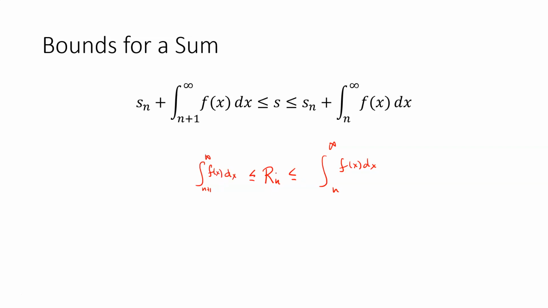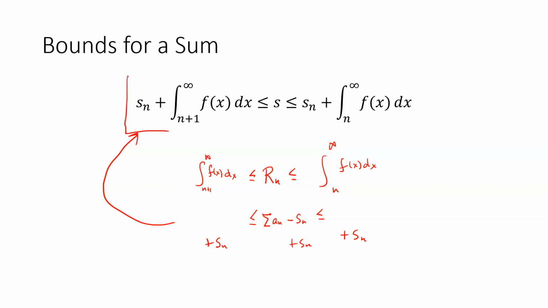And in fact here Rn, we said earlier, was the difference between the sum of the series and the partial sum Sn. So I can isolate the sum of the series in the middle by adding Sn to either end here. So it's like I'm adding Sn here, adding Sn here, adding Sn here. Okay, and that's how we get this result here.